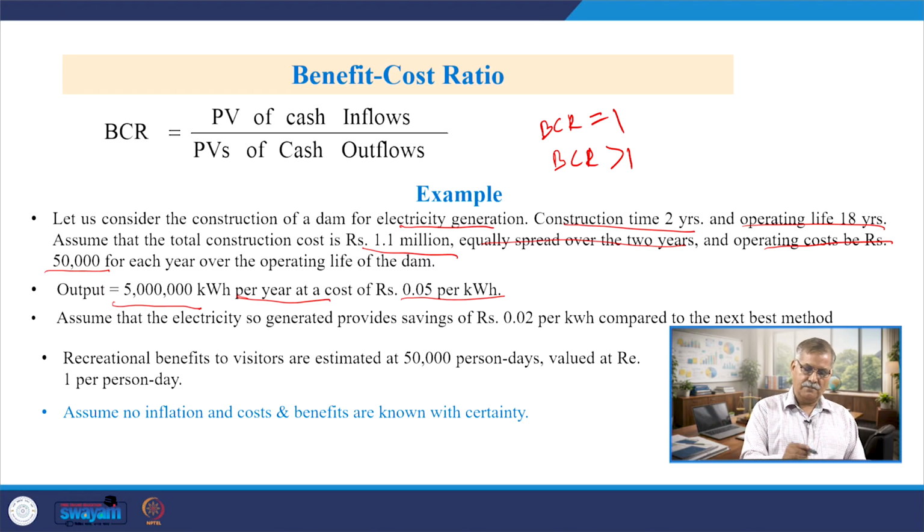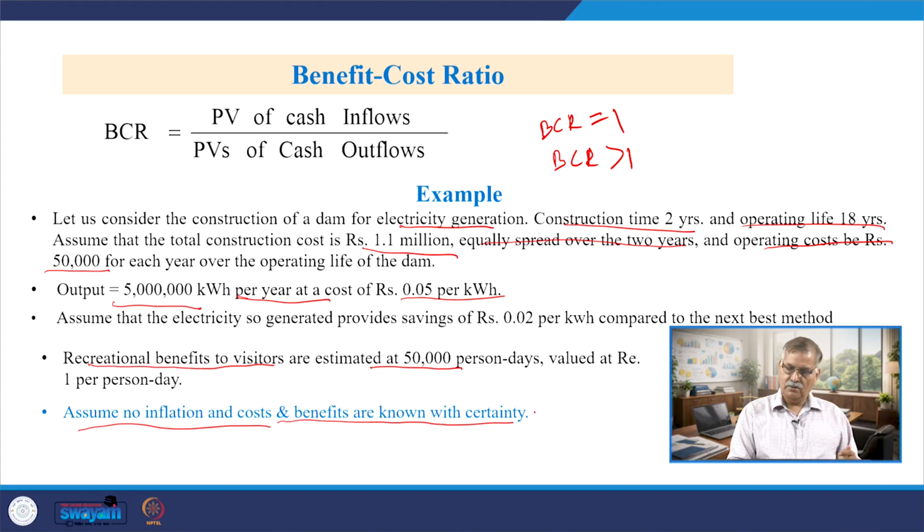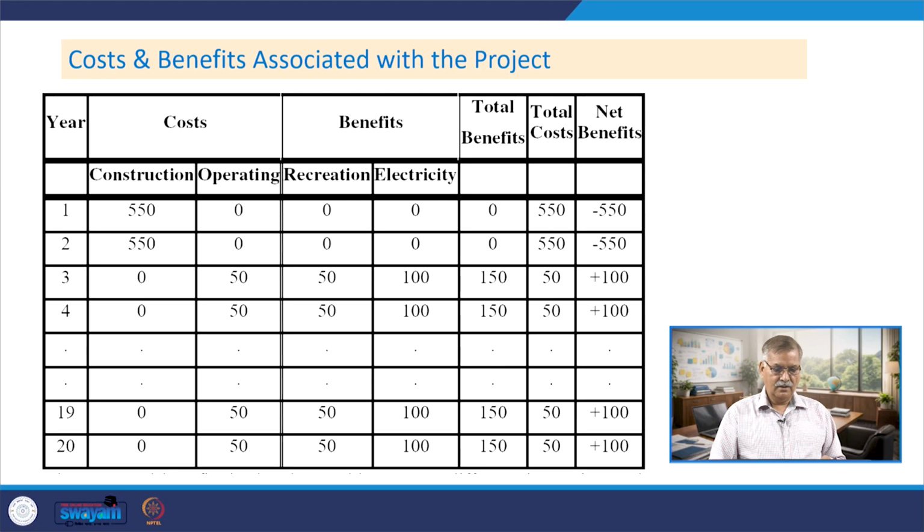In addition to the power generation, it also provides benefit to tourists in terms of recreation, and we are estimating that 50,000 persons will visit the site, and 1 rupee per person will be spent, as the benefit received from the project. In this way we can also assume that there is no inflation, and cost and benefit are known with certainty, with no uncertainty in this. Then we can calculate the cost and benefit.